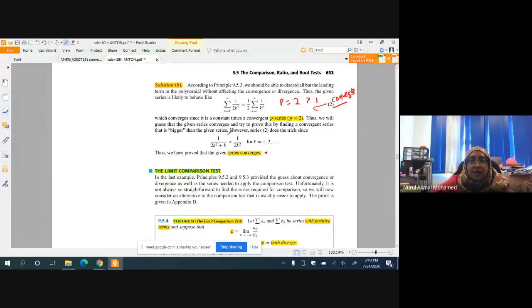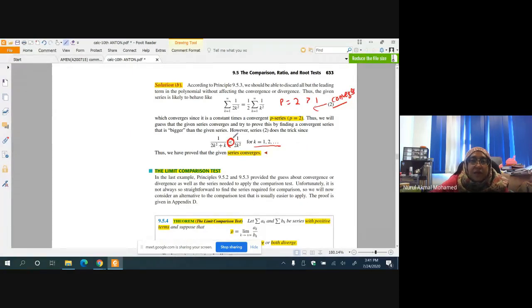Okay, and then here, the original series 1 over 2k squared plus k and 1 over 2k squared. You can decide whether it is less than or greater than by choosing any number: K equal to 1, K equal to 2, K equal to 3, and so on.